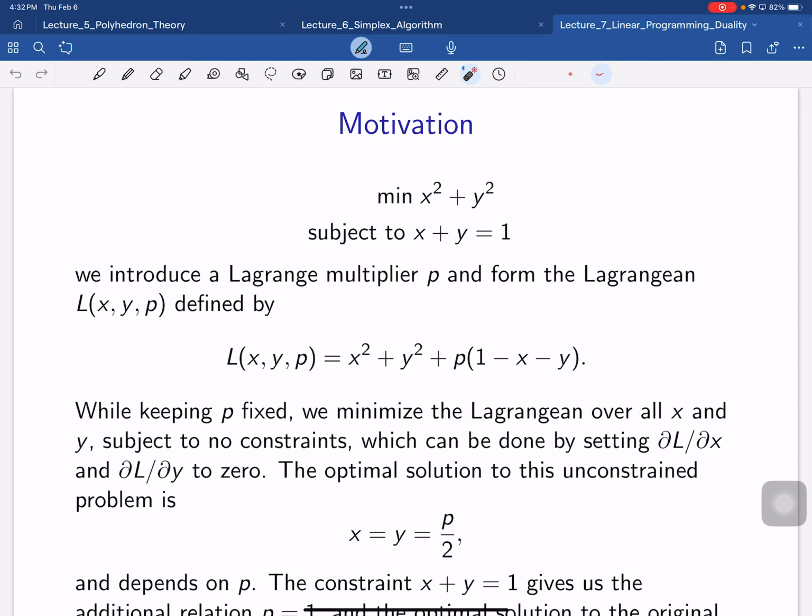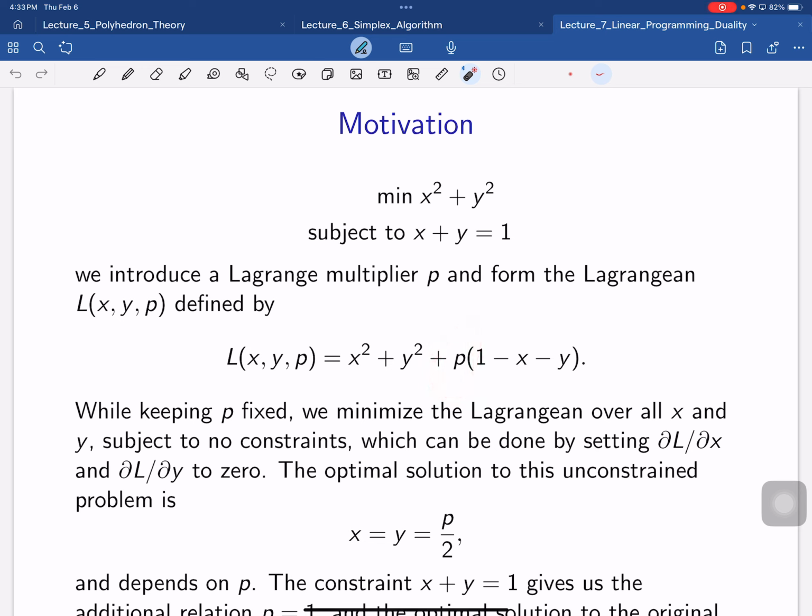So this is a quadratic objective function, subject to the constraint that x and y lie on a single line. You can introduce this concept called the Lagrange multiplier p. The idea is, let's forget about this constraint. Of course, you are relaxing the problem, because you leave one constraint out. What you can do is pay a price for violating the constraint.